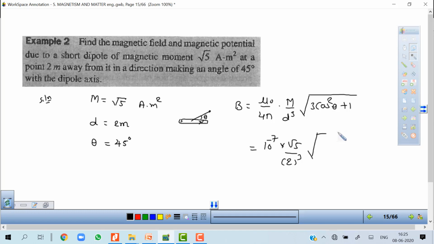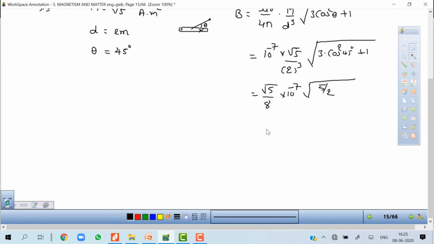And then 3 cos square 45, plus 1. So this is root 5 divided by 8 into 10 raised to minus 7 and root of this. The cos 45 means 1 over root 2, squared, so 1 by 2. So 3 by 2 plus 1 means 5 by 2. Okay. So whatever you get, that is in Tesla. You simplify this.